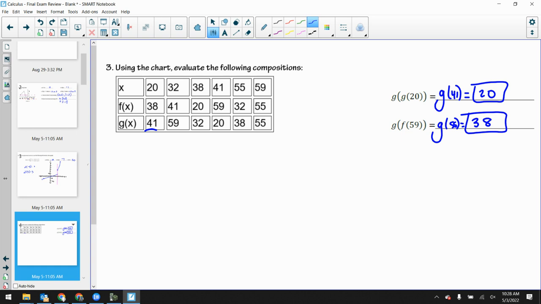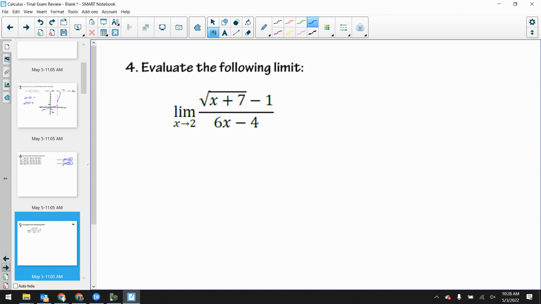Okay, let's take a look at number 4. Evaluate the following limit. Now remember, your first line of defense for limits is direct substitution. If you can directly substitute, and in this case, I can. If I plug in 2, I have the square root of 2 plus 7 minus 1 over 2 times 6 minus 4.